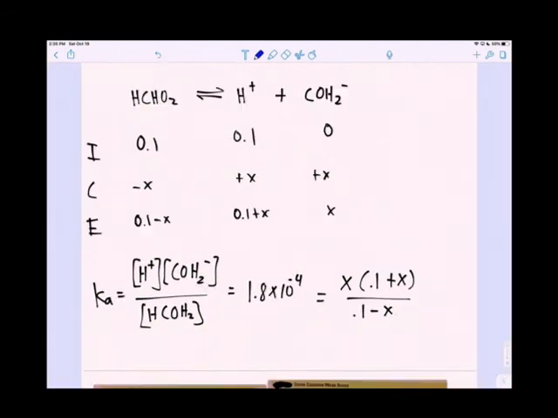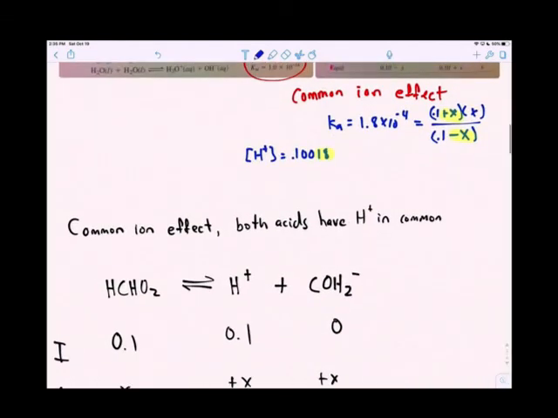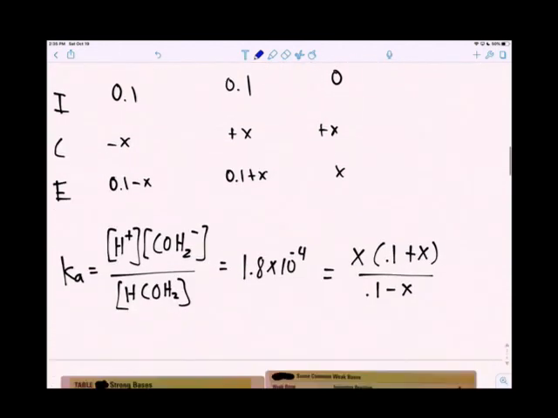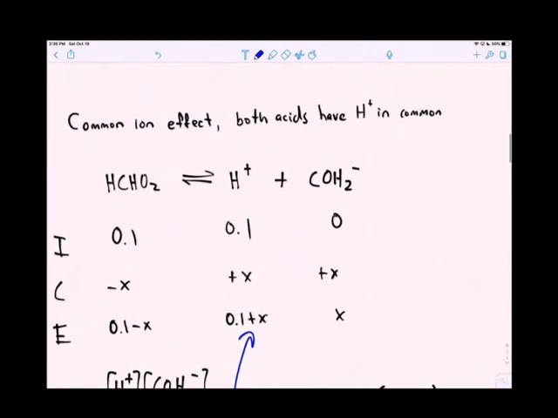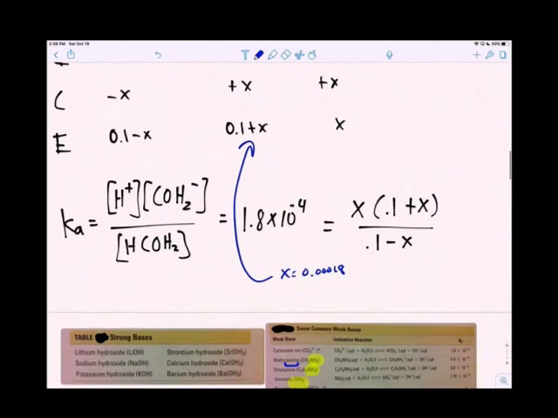If you solve for x here, it turns out x is 0.00018. So when you go back to write out the expression for hydrogen ion, you have to include that in anything with a pH. Oh, I guess I'm missing one too many zeros, sorry.